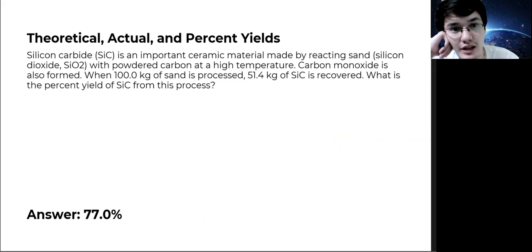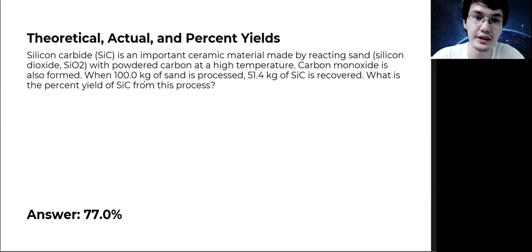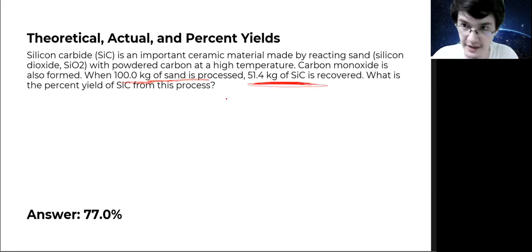When 100 kilograms of sand is processed, 51.4 kilograms of silicon carbide is recovered. What is the percent yield of silicon carbide from this process? So we are given 100 kilograms of sand. Then this is our actual yield, what was produced from processing the sand.